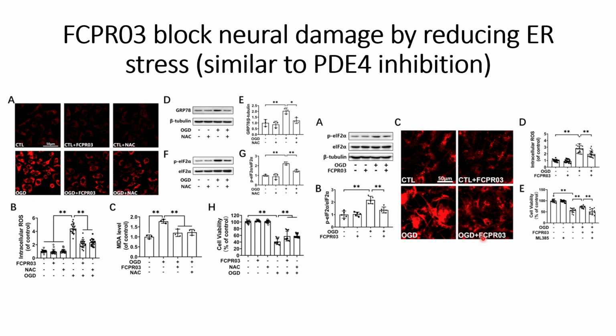So this shows that FCPR03 helps in the reduction of the ER stress, and both these fluorescence figures are quantified in this panel D. We can see that cells that are pre-treated with FCPR03 and oxygen glucose deprivation have a high number of ROS, but it is lower than the case in which cells are not treated with FCPR03, and it is more than the case where cells do not have ER stress.